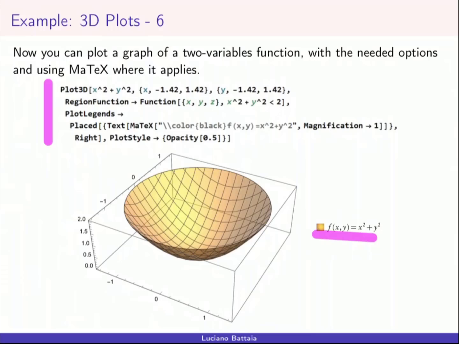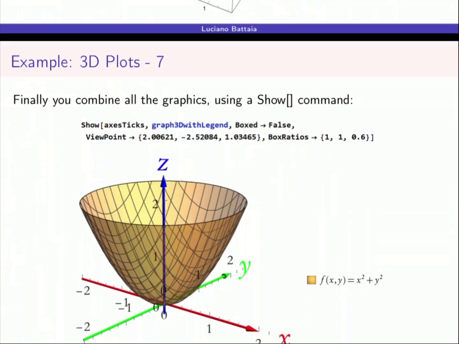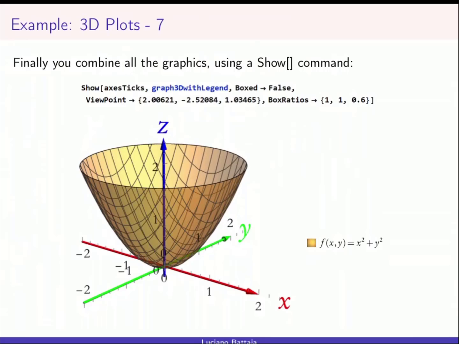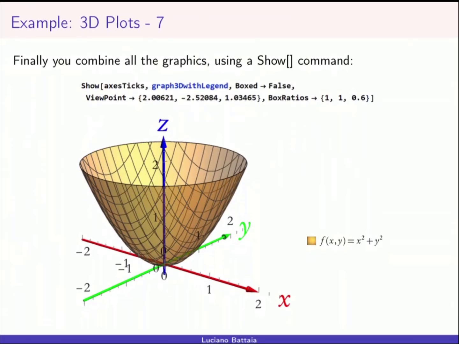I don't want to use the frame, so in the final plot I have combined the axis with ticks, the 3D graph with the legend, and without the boxes. This is the final result. And I think it is a very good, very fine picture to be included in a LaTeX file.